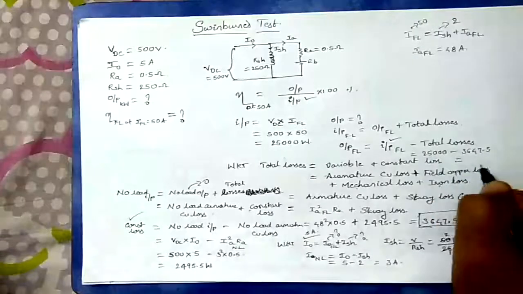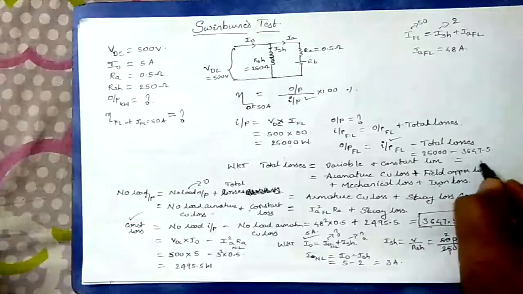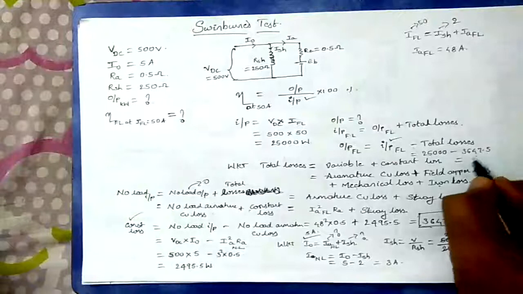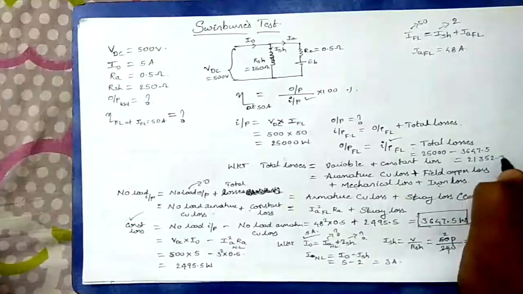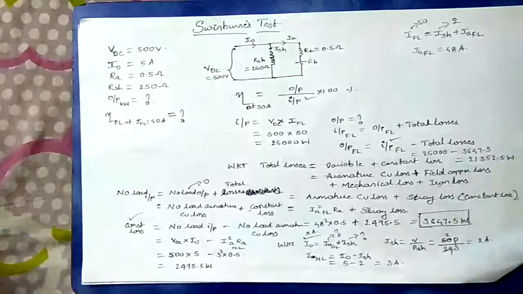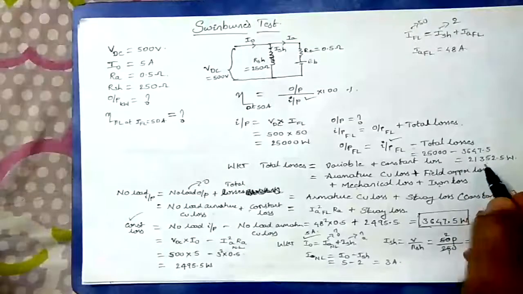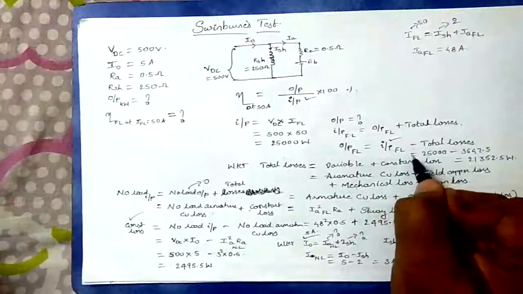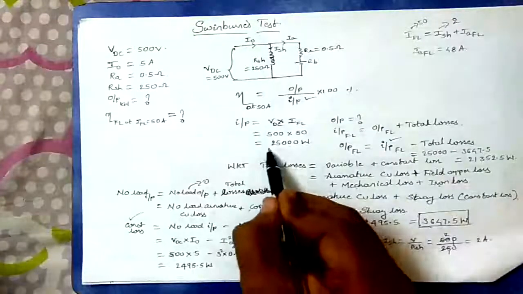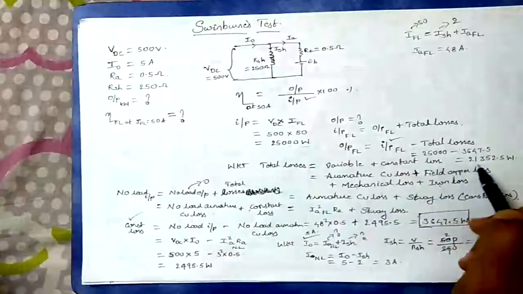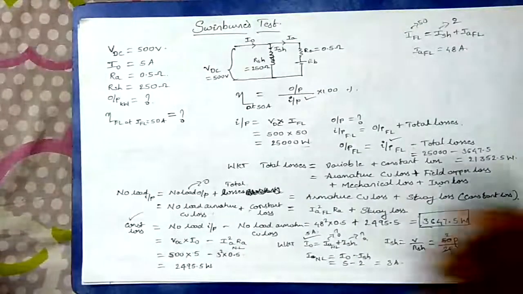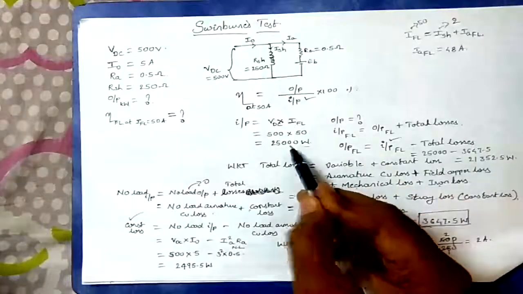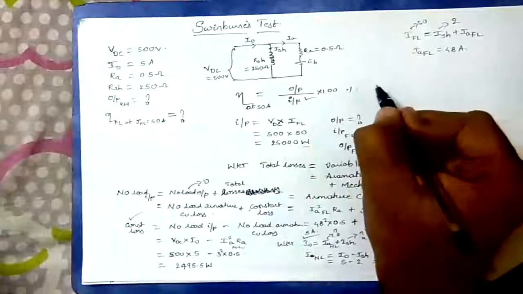So the answer, if I do it in the calculator, is 21,352.5 watts. That is your output. At full load, 25,000 is the input wattage, whereas 21,352 is output, and the remaining is losses.